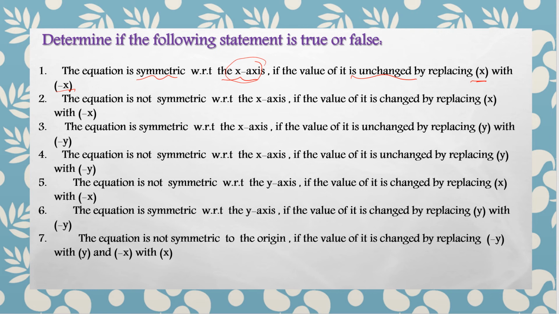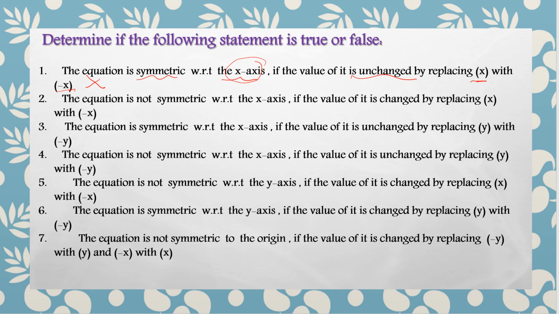So if the value of the equation is unchanged by replacing y with negative y, this would be symmetric with respect to the x-axis. But here in this statement, he's replacing the value of x with negative x, which is not true for the x-axis. So this statement is false.